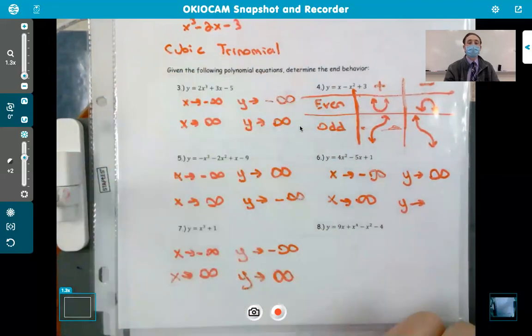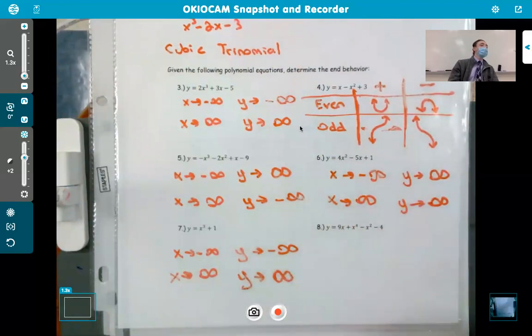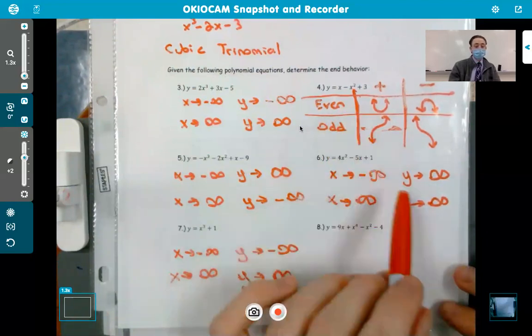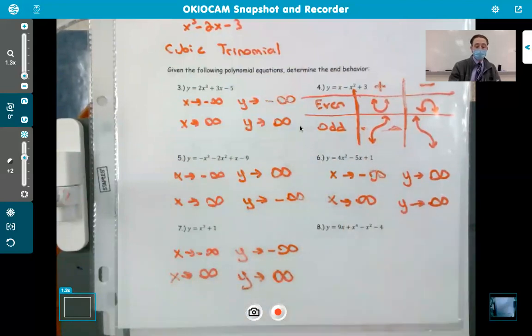Not quite. Positive. So one thing that is unique about the even functions is that they're going to go in the same direction. So if it's positive and even, they're both going positive infinity. If it's negative and even, they're both going towards negative infinity.